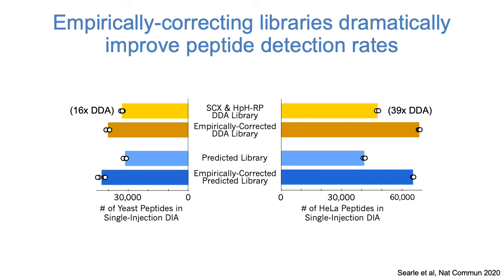Similarly, while PROSIT predicted libraries in light blue underperform when compared to fractionated DDA libraries, the performance is quite high after correction with the 6 gas phase fractionated injections.